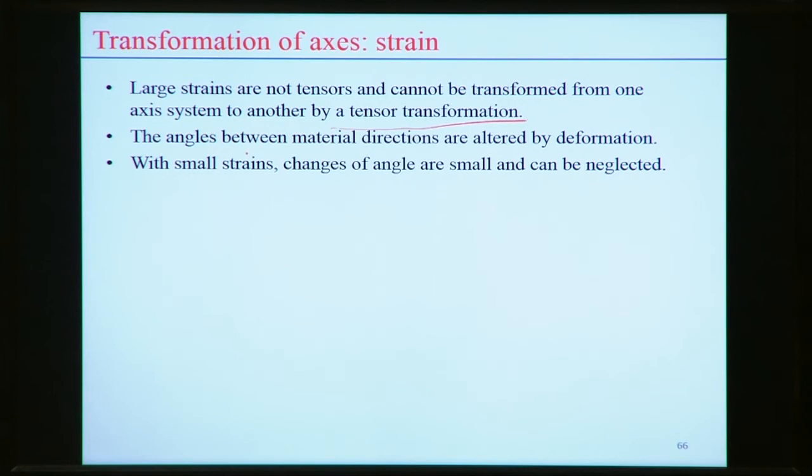But with small strain, the change of angles can be neglected, and we can use this transformation of the axis from one axis system to another axis system when we assume a small strain tensor exists.